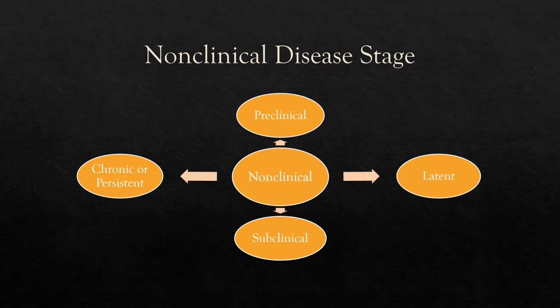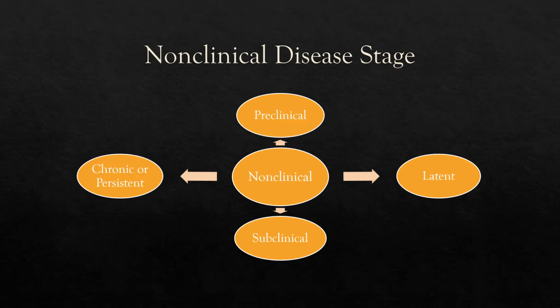In that discussion, it does show that non-clinical can also be subdivided into the preclinical stage, the subclinical stage, and then the chronic or persistent stage, or the latent stage.